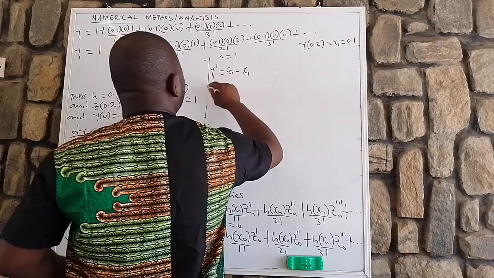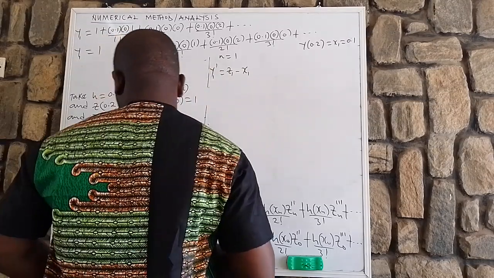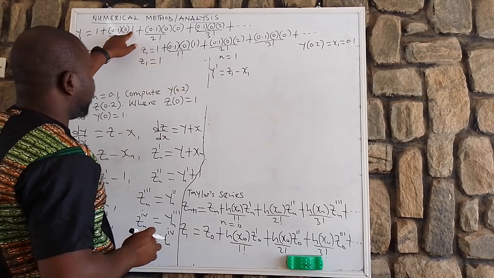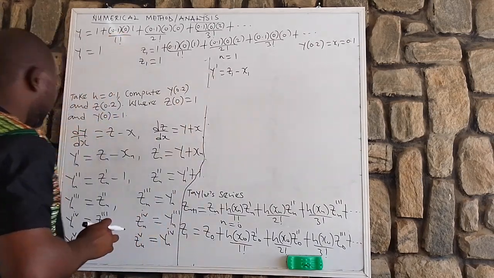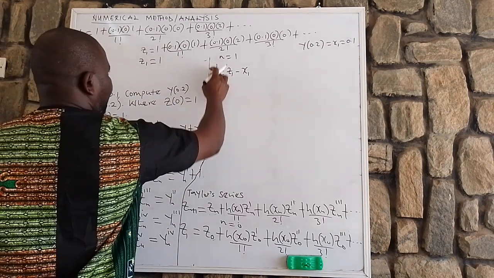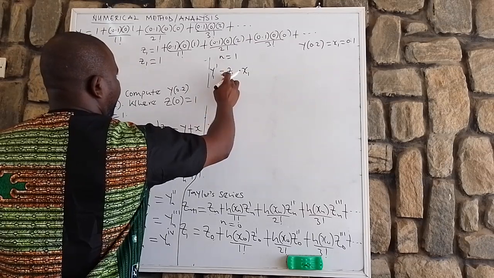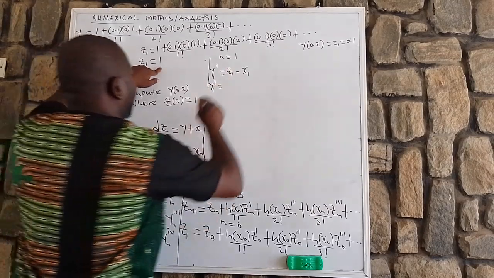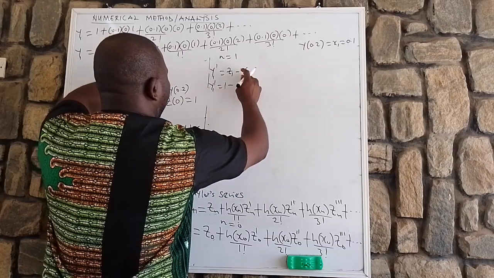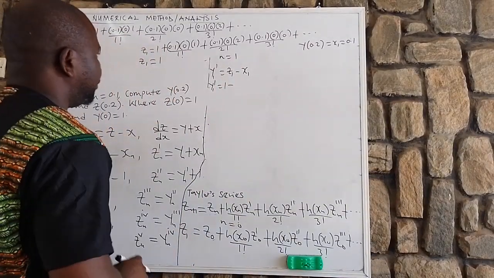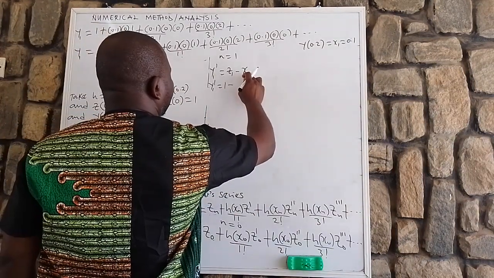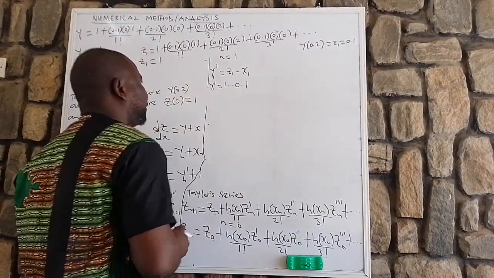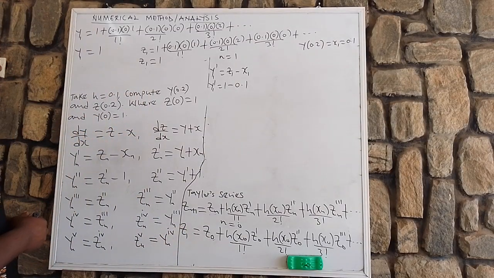So let's obtain y1 prime. y1 prime is equal to z1, which has been given as 1, then x1 is 0.1, so 1 minus 0.1.